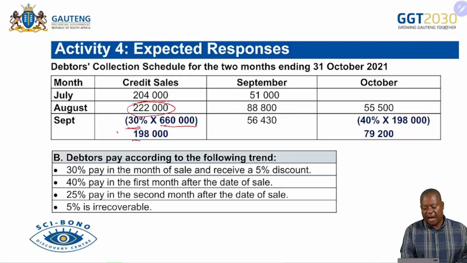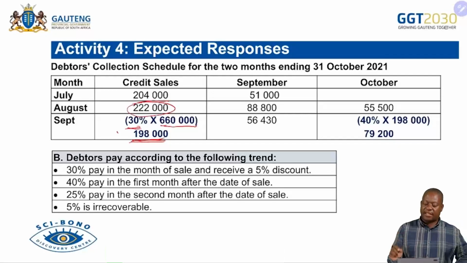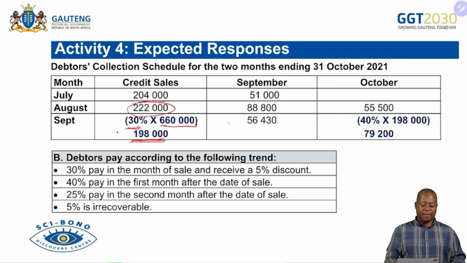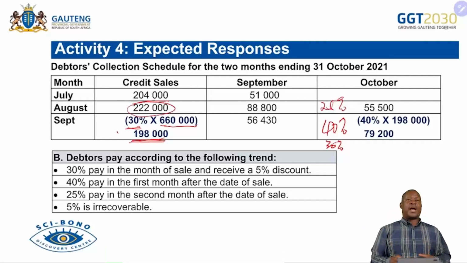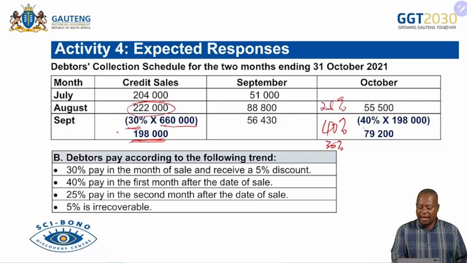And then we find our credit. After that, we remember now it is from the bottom going up. Is that okay? It's from the bottom going up. And now this, which is October, which is not showing here, it should be 30%. Here it should be 40%. And here it should be 25%. So we are now going like that. That's the reason why it is 40% of 198,000.